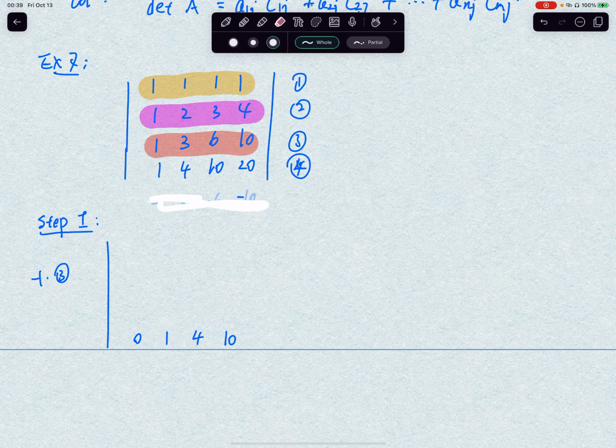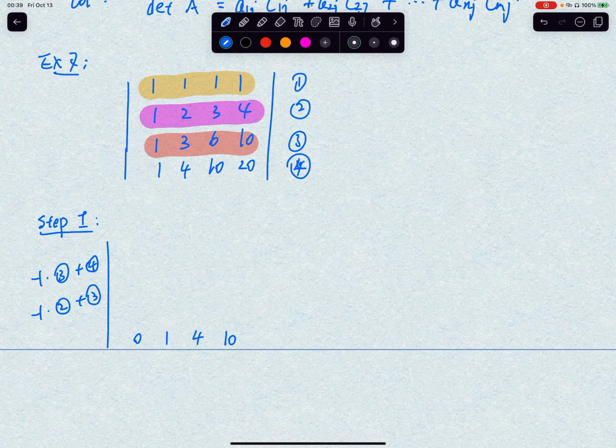Then we multiply -1 times the second row and add it to the third row. So that is -1, -2, -3, and -4. And we have 0, 1, 3, and 6, right?